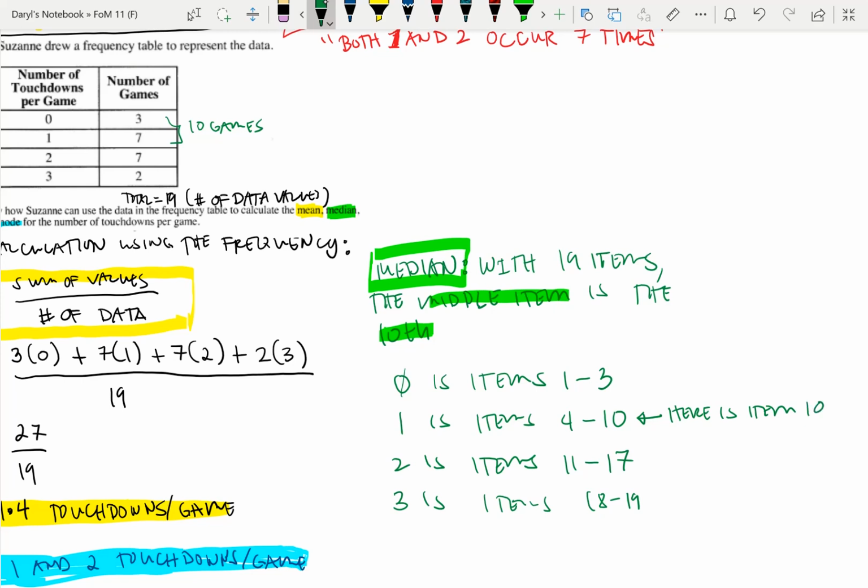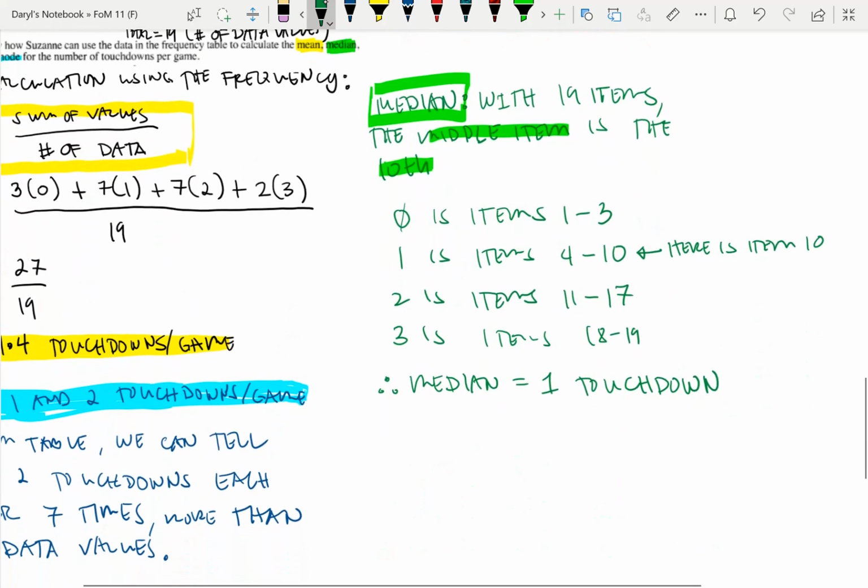So that's item number 10. So therefore you would say the median is equal to 1 touchdown per game.